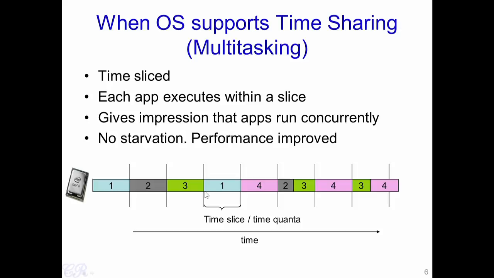At this point in time, process 1 will continue to execute from where it had stopped. From a user's perspective, the delay as a result of multitasking, that is, the intermediate execution of a single process, is hardly noticeable because the time slice is very small.